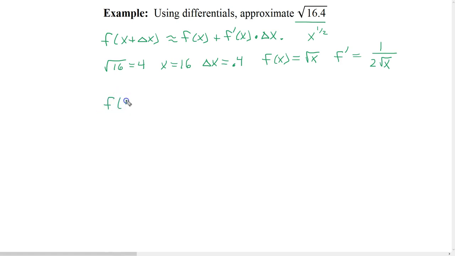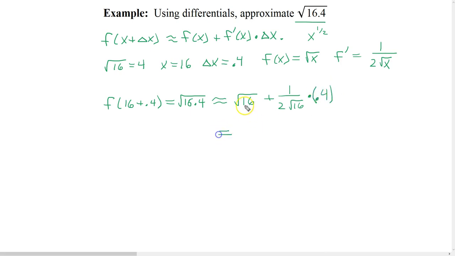So now evaluating the right-hand side, note that the left-hand side is f of 16 plus 0.4, and that is the square root of 16.4. And that is going to be approximately f of 16, which is the square root of 16, which we can evaluate easily, plus f prime of 16, so that's 1 over 2 times the square root of 16, times delta x, which is 0.4 in this case.